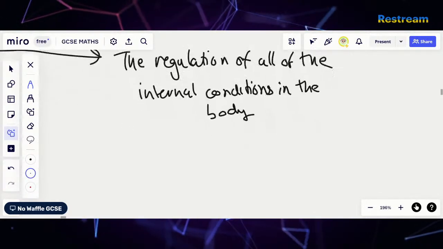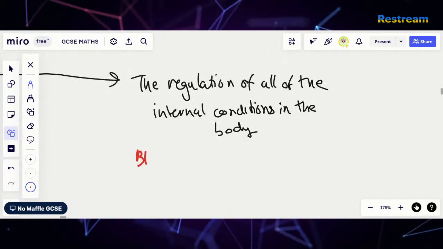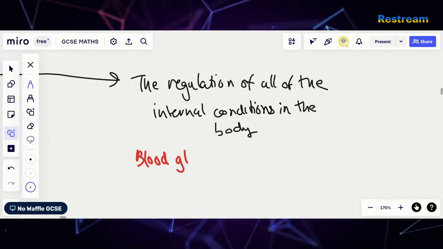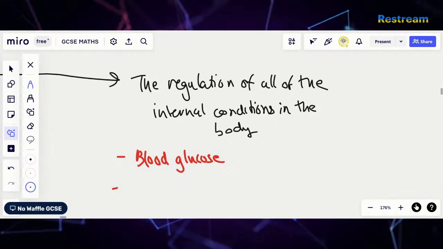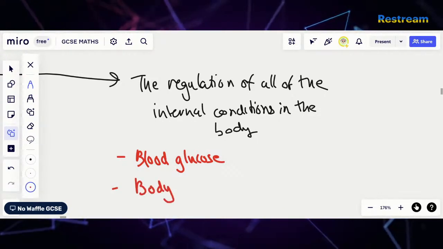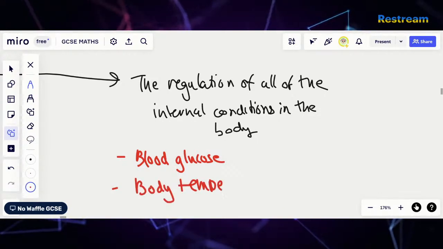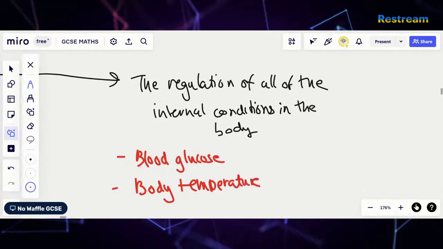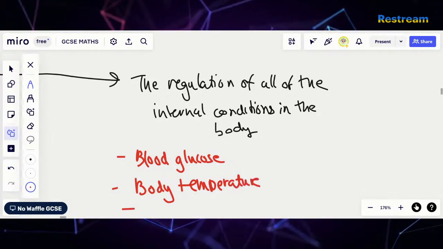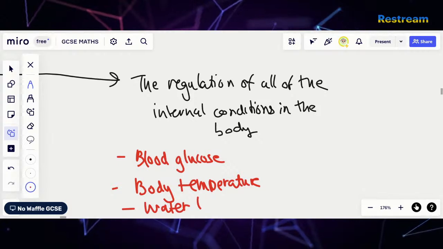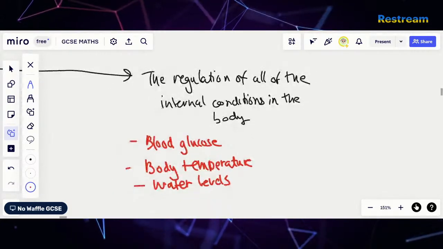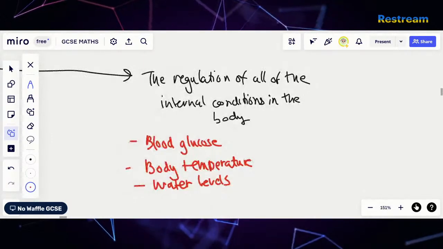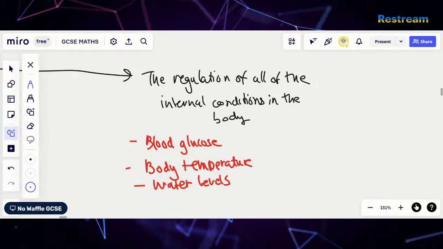So, there are 3 things that homeostasis controls: blood glucose levels, body temperature, and water levels.